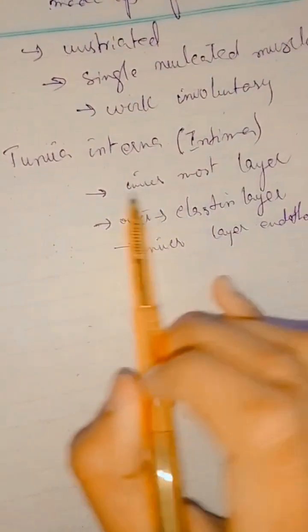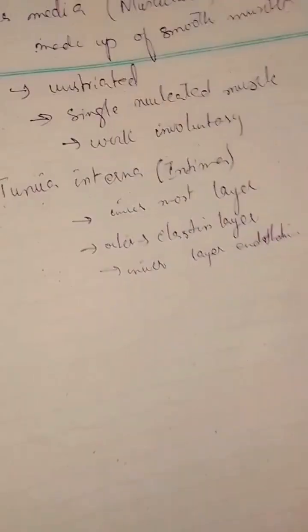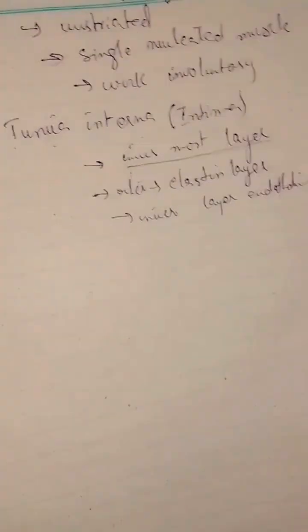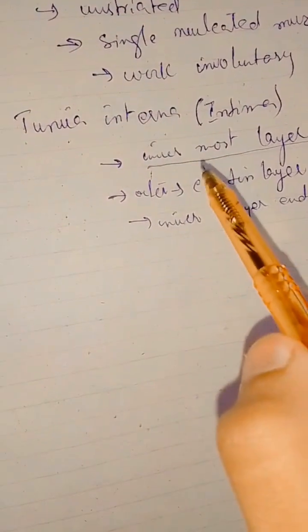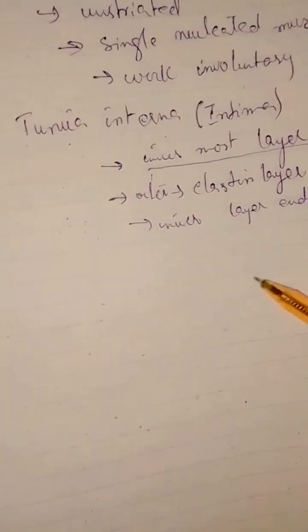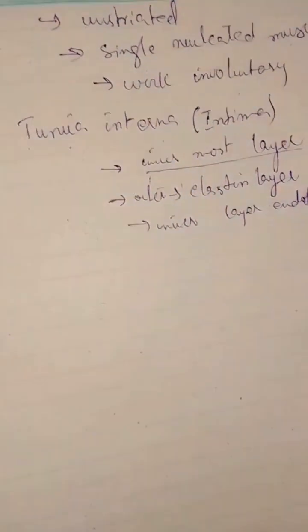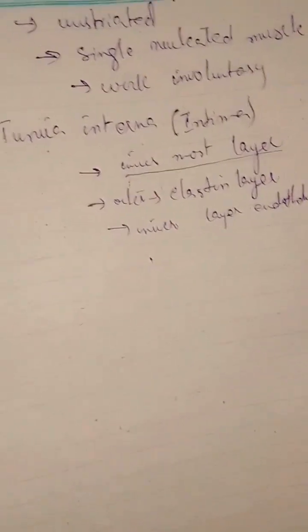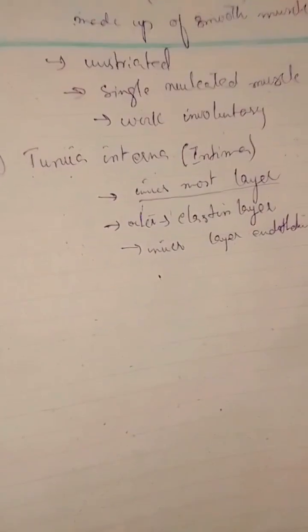Tunica interna is the innermost layer, present on the inner side, but it is further divided into two more layers: the outer one is the elastin layer, and the inner layer is the endothelium. It is not the outer layer of the artery, but the outer layer of the tunica interna.